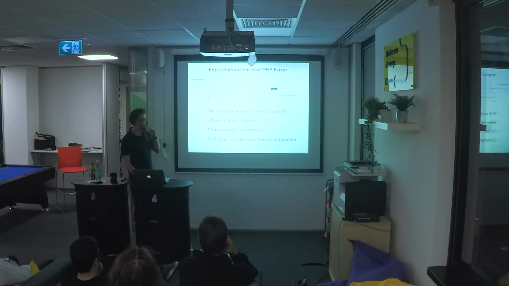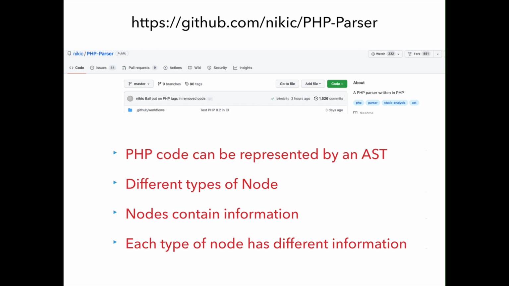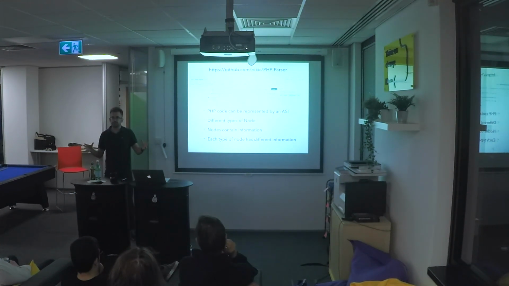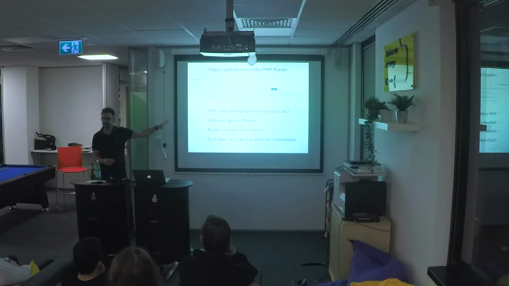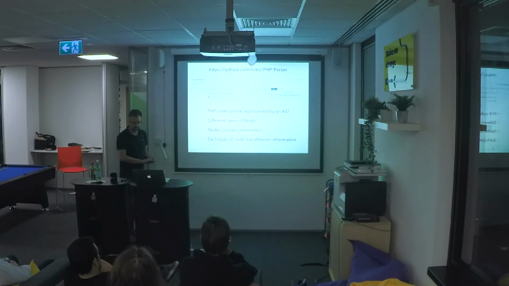So the key bits I want you to take away: any PHP code can be represented in the abstract syntax tree. The abstract syntax tree is made up of nodes. There's lots of different types of nodes, and those nodes carry information, and each type of node will have lots of different children nodes depending on the context of the code we've written. And don't worry if you haven't got that the first time round, we will be looking at this idea again a few times.